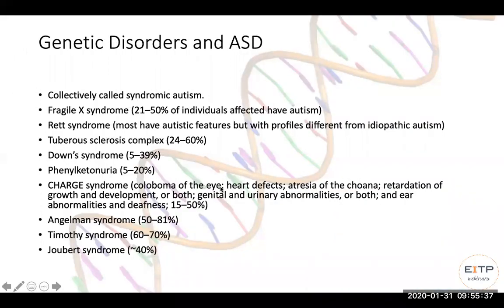Genetic disorders: about 10% of people with autism have some sort of genetic disorder. And these are the most common ones, like Fragile X, Rett syndrome, tuberous sclerosis. In Down syndrome, there are some children that have autism. So there's another 10% of kids that look like they have something genetic going on, but we cannot find the genetic problem.